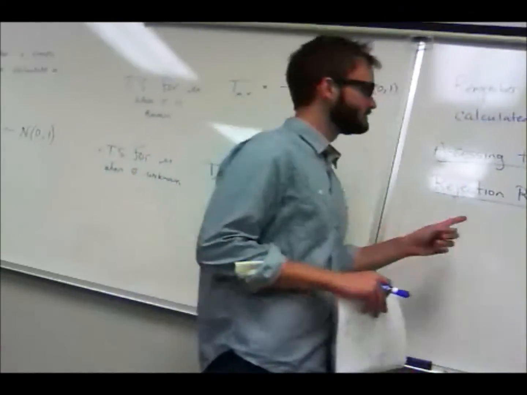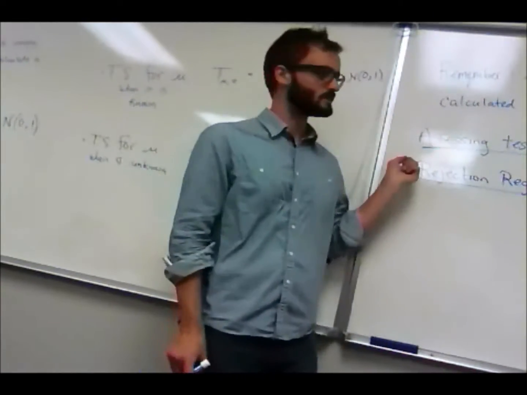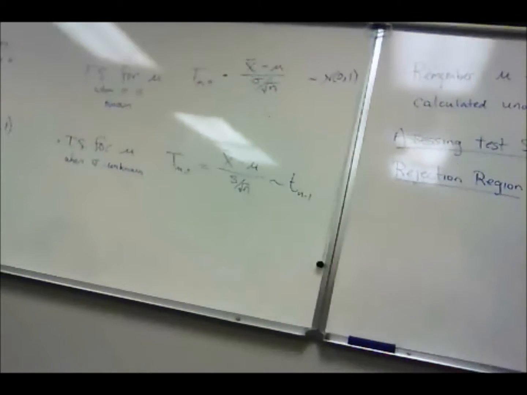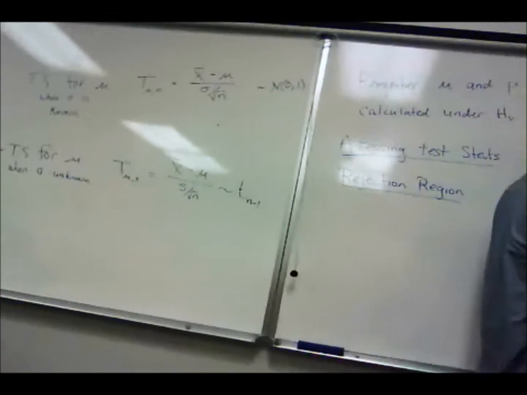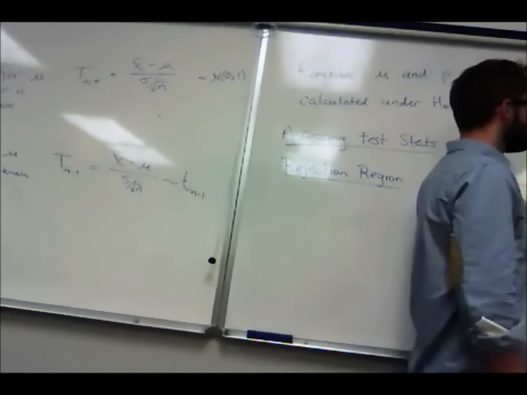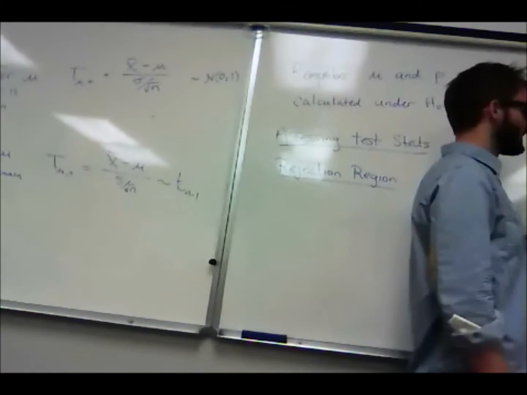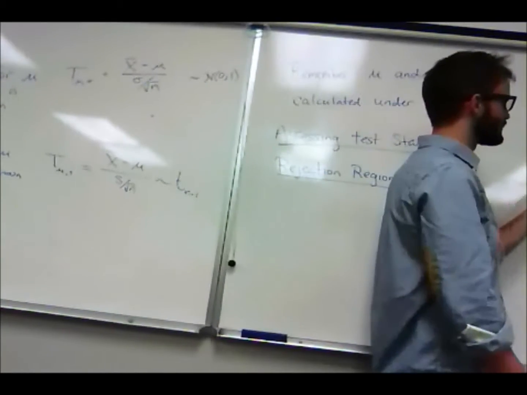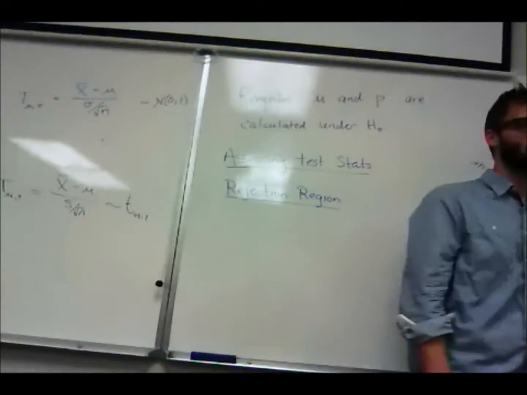So a rejection region is a way that we're going to assess a test statistic, and it's just going to be this region out here, right? The set of z-scores, say, that give you less than 0.025 over here if alpha is 0.05, and greater than that over here.